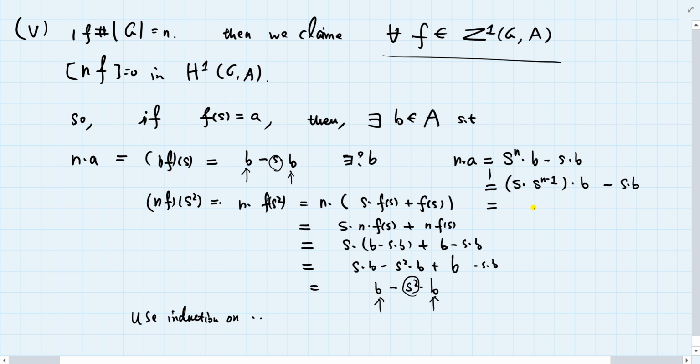This is a G module. Okay, it's a G module. So you first do multiplication inside G, then you send it into automorphism.